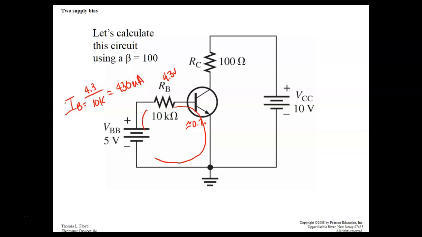Okay, so what do I know now? I know the base current. I've given you the beta. So I know IC, this is the new formula. IC would be equal to IB times beta. So I'd say IC would be equal to 430 micro times 100.